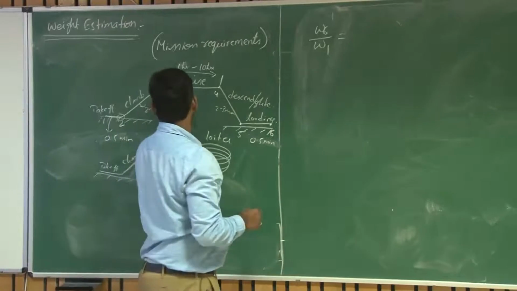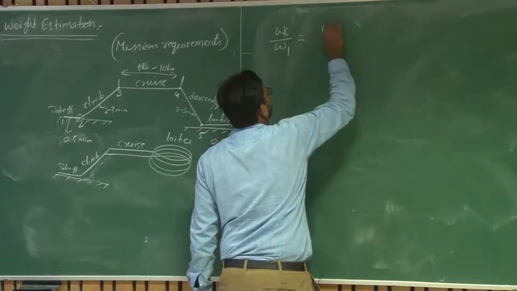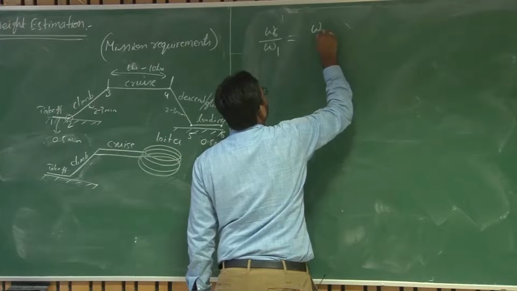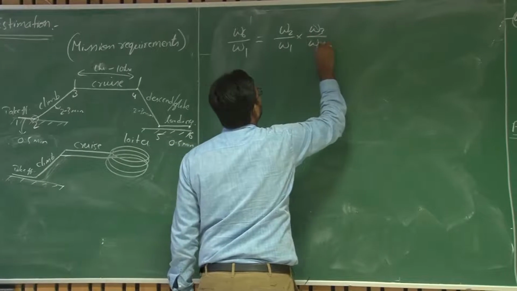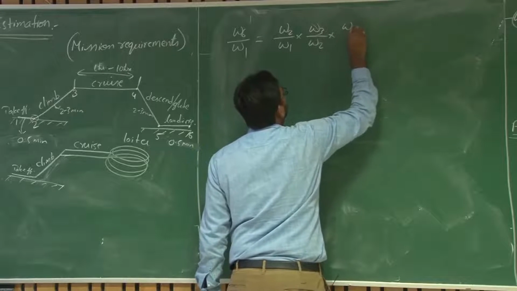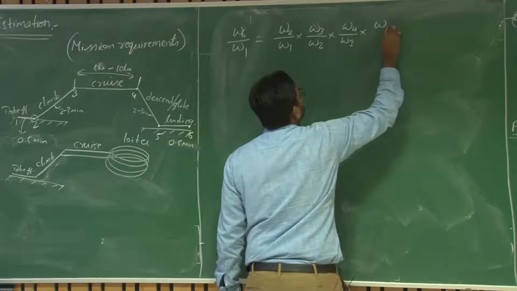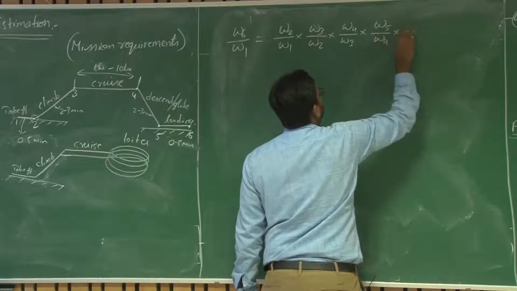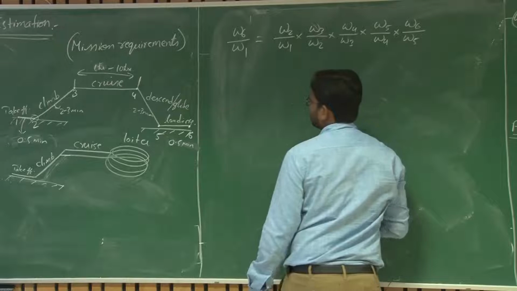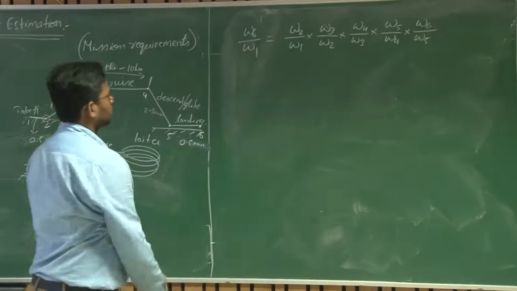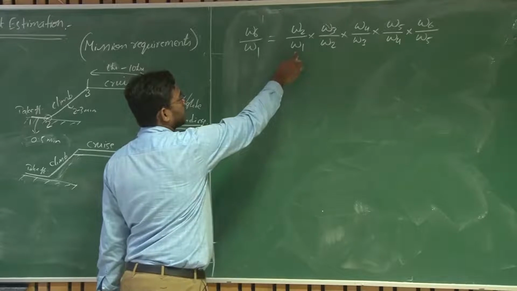Since each segment has different dynamics and different fuel consumption, we can express this as W2 by W1 into W3 by W2 into W4 by W3 into W5 by W4 into W6 by W5. Am I correct?